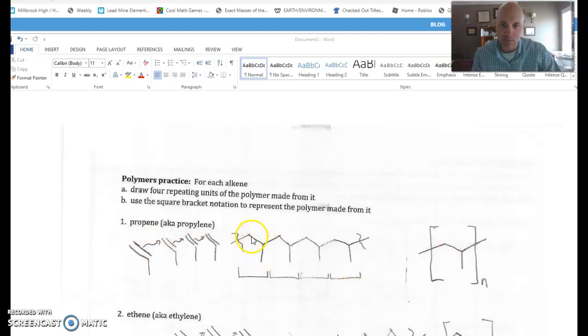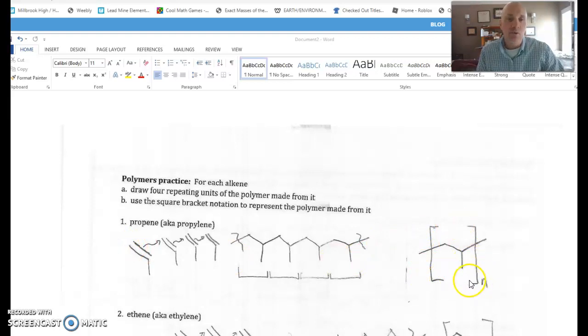And the brackets are going to be drawn through the bond that gets created when the polymer gets made. Notice that the bond that gets made when the polymer is made is from here to here, so that would correspond to this bond right here. So that's why I'm putting the bracket there. Notice that there's a bond that would have gotten formed to here, so that's why this bond is right here.